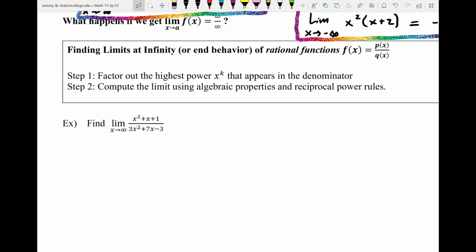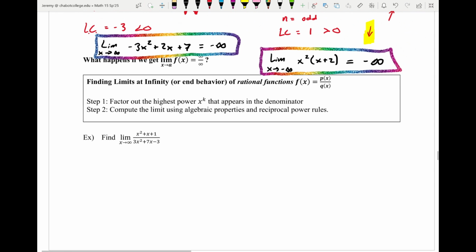And by the way, if we tried to just plug in infinity into this, what would happen? It turns out that the numerator and denominator would both end up going to positive infinity, since these are both quadratic and they both have positive leading coefficients. So without doing anything, this goes to infinity, this goes to infinity. This is the infinity over infinity case that we were worried about.